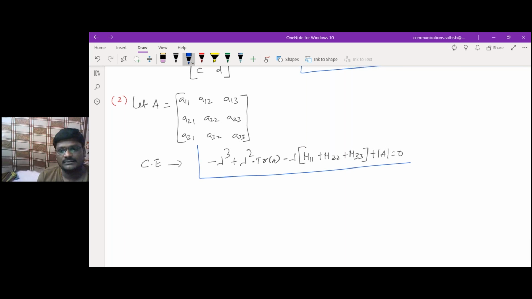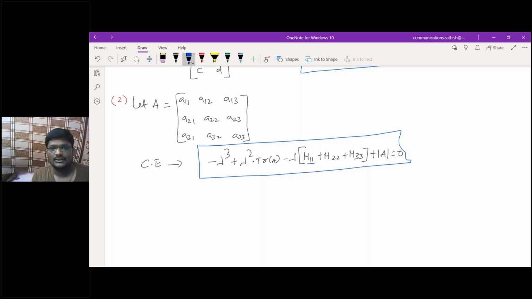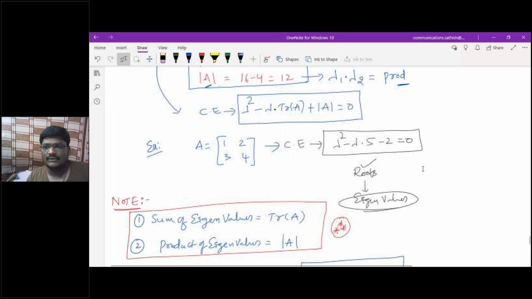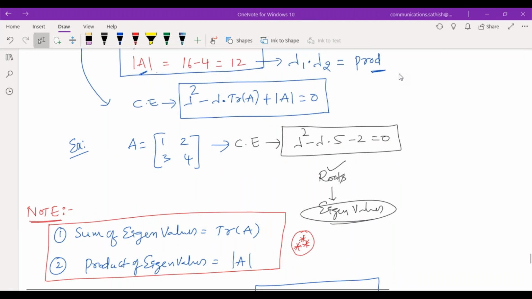Generally, if I ask you for the minors, you go with the first row, but here you have to take the minus for the principal diagonal elements. Got my point? Is it clear? Is it easy or not? Easy, sir.